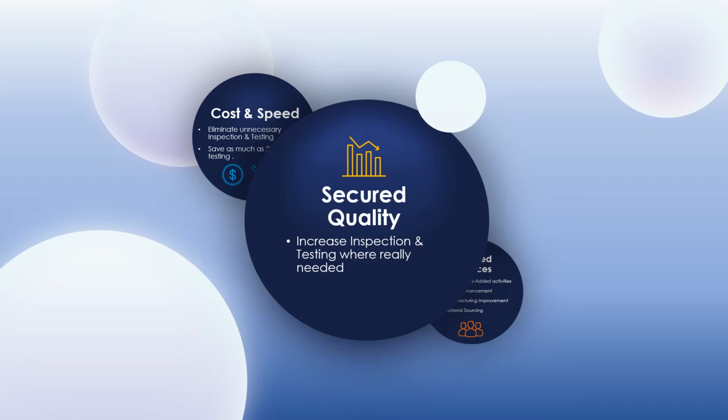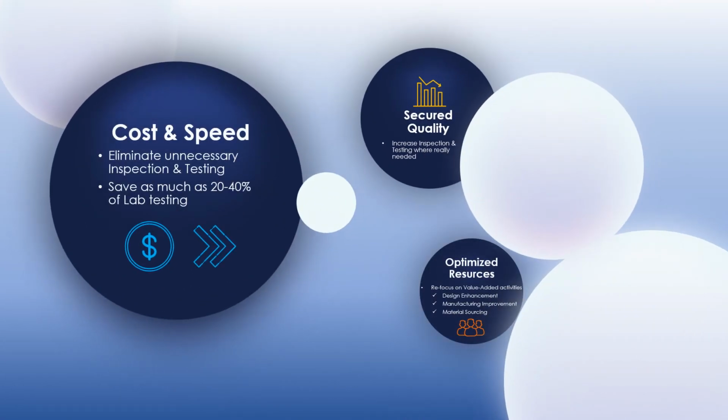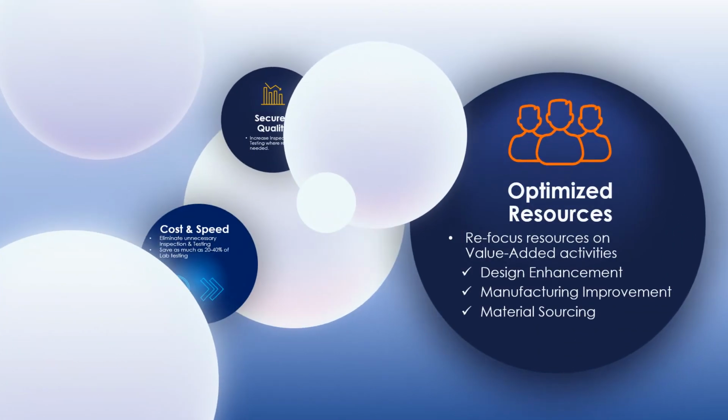On the other hand, cost and speed means that you can eliminate or significantly reduce inspection and testing activities where unnecessary, and save as much as 20 to 40% of your quality costs based on previous applications of this methodology. Finally, the resources saved can be reassigned or refocused to value-added activities such as design enhancements, manufacturing and supplier improvements, and sourcing of sustainable materials.